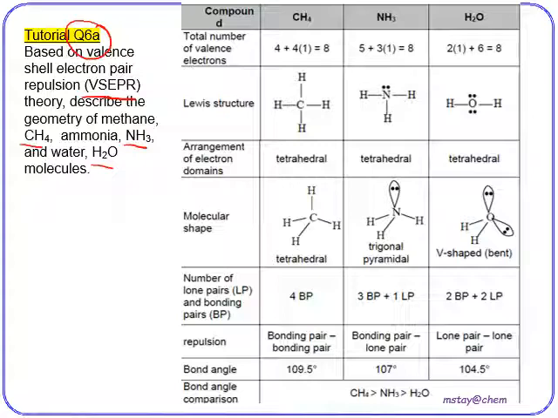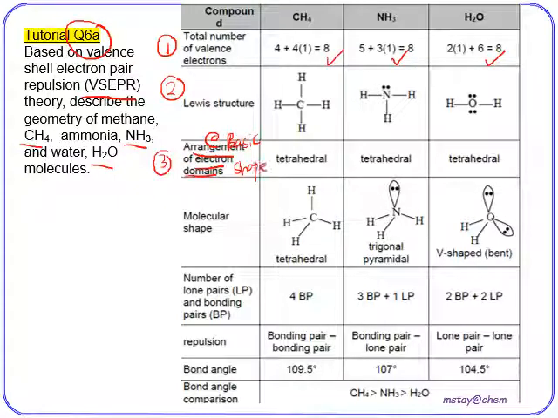As usual, step number 1, we have to get the total number of valence electrons. In this question, methane, ammonia, and water each have 8 valence electrons. Based on the valence electrons, we can draw the Lewis structure. After we draw the Lewis structure, we can get the electron domain arrangement, or the basic shape.